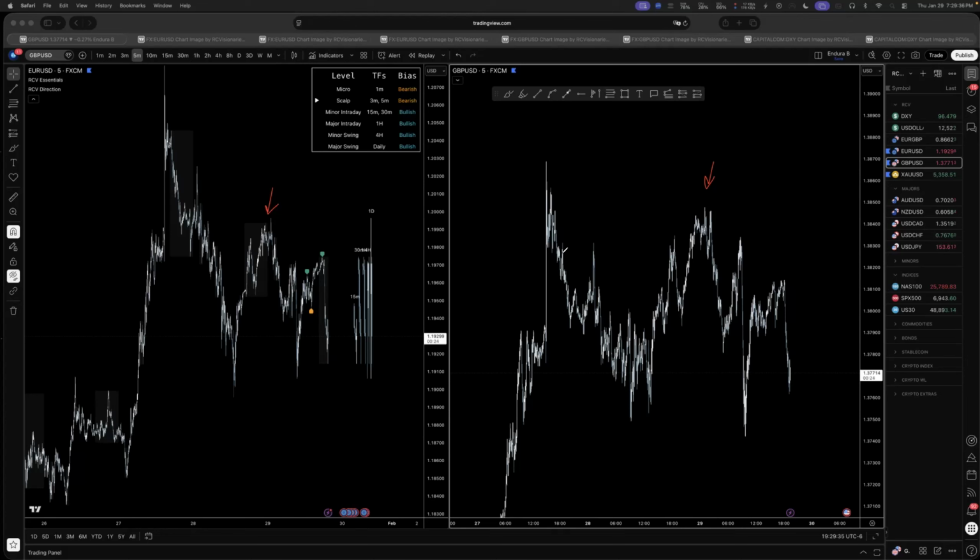And not to mention, we already had this internal range, which is where I had the 71% retracement, whereas here there's actually a break of structure that confirms this to be higher. So I'm now kind of having the extra aspect of asset divergence, right? So that could mean, depending on how you interpret asset divergence, that this one could be a little bit more conservative, or this could be a little bit more aggressive, or vice versa.